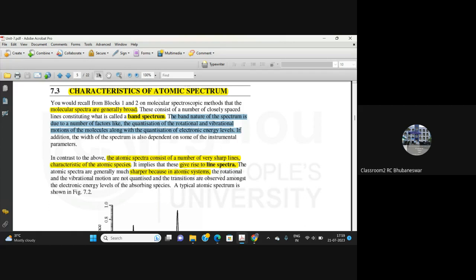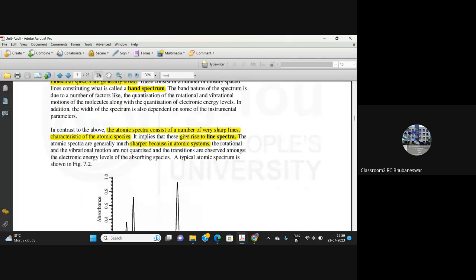In addition, the width of the spectrum is also dependent on some instrumental parameters. But mostly, since the rotational and vibrational energy levels are quantized, that is why you get a broad spectrum.